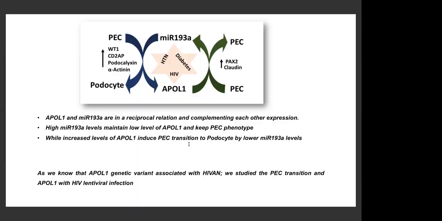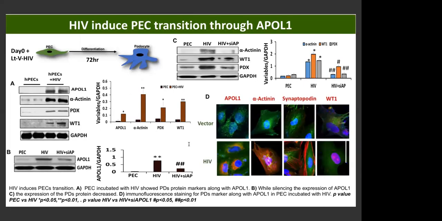So as we know that these APOL1 variants are associated highly with HIV, we also tested the effect of HIV on this conversion process. So we took the parietal epithelial cells and infected them with the HIV lentivirus, and we observed that after 72 hours, these parietal epithelial cells start showing the phenotype of the podocytes.